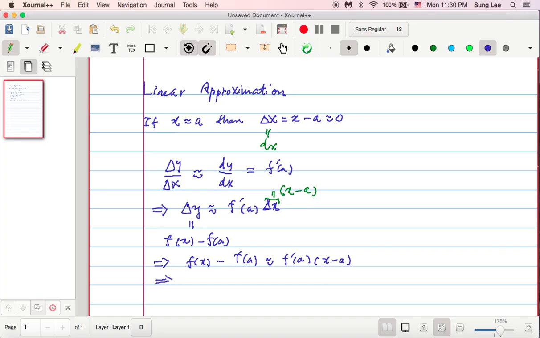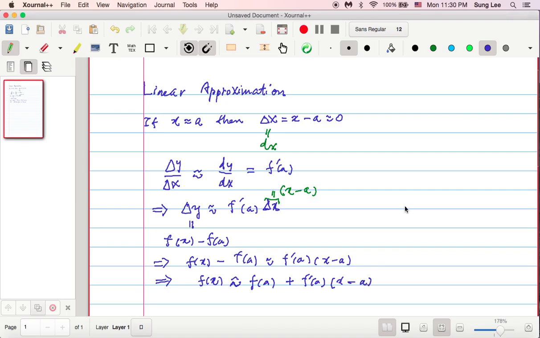And if you solve this for f of x, that equals, oh, not equal, actually approximated. So f of x is approximated by f of a plus f prime of a times x minus a.